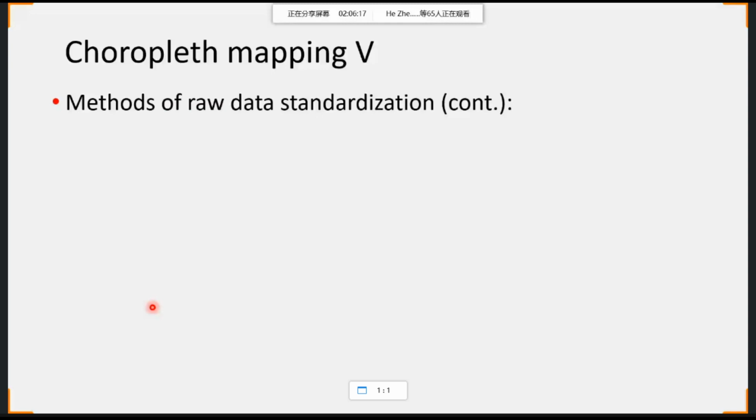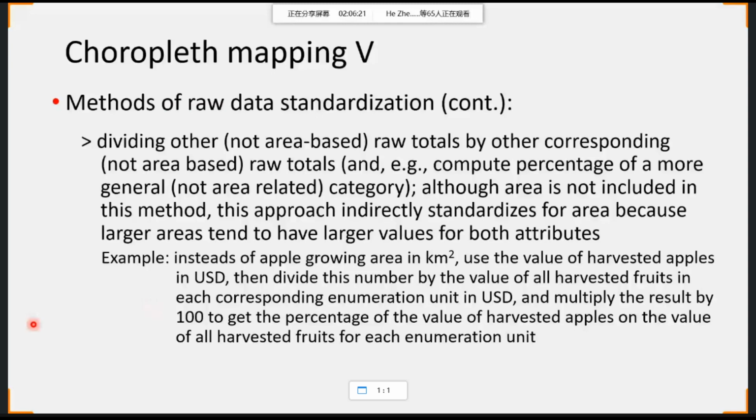Or, a different situation again: dividing other, not area-based raw totals by other corresponding not area-based raw totals, and, for example, computing the percentage of a more general not area-related category. Although area is not included in this method, this approach indirectly standardizes for area because larger areas tend to have larger values for both attributes.